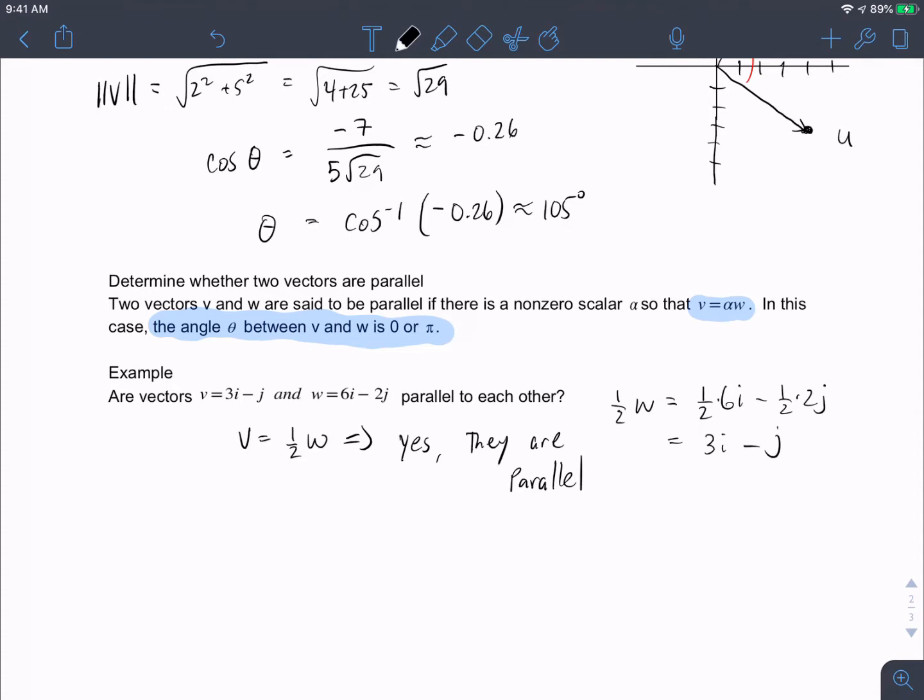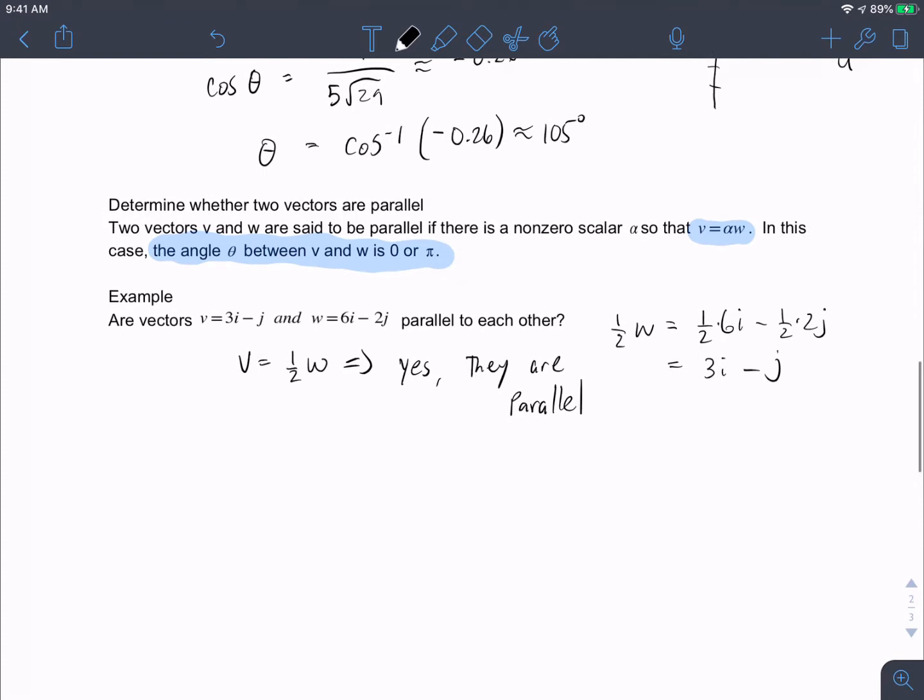Now there's another way to do it. If you don't see the simple scalar multiplication, we can do it by finding the angle. And so by finding the angle, if we use cosine of theta is equal to the dot product of u and v over the magnitude of u times the magnitude of v, we can do this.